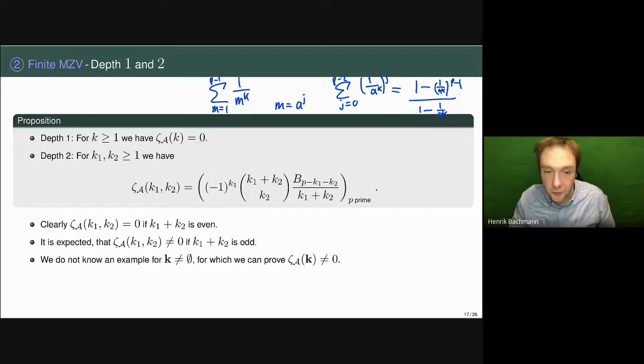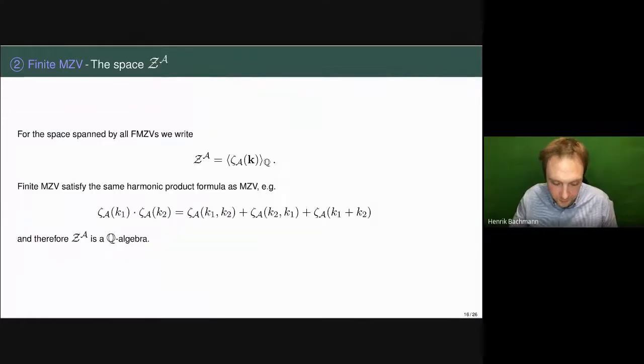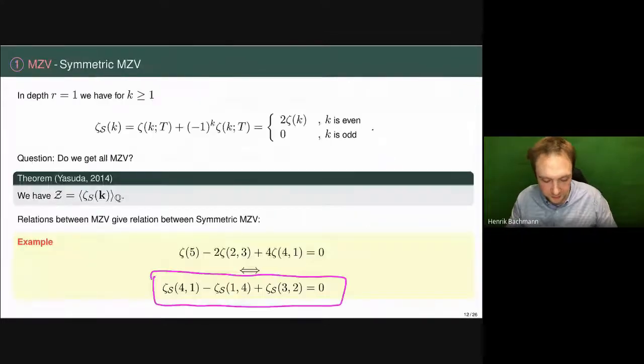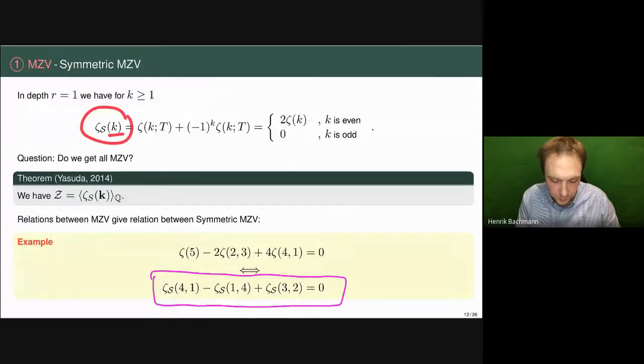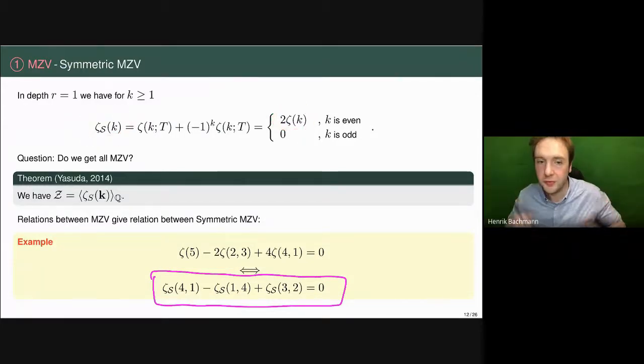But of course, we conjecture that these objects are interesting. So nobody believes that they are all 0. How about zeta S? I mean, this is expected for zeta A, and zeta S is the same situation? No, for zeta S, we know that some parts are not 0. For example, here zeta S of k is just 2 times zeta k, and we know that zeta 2 is not 0.